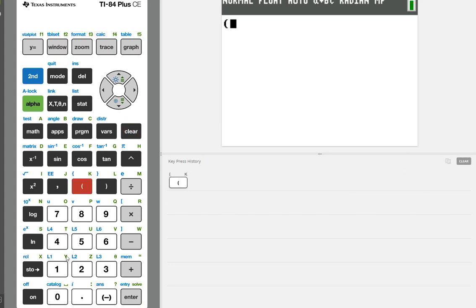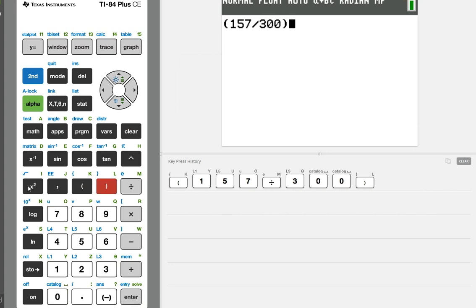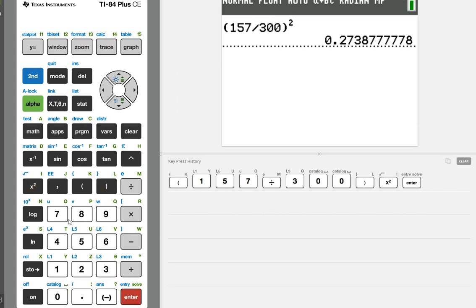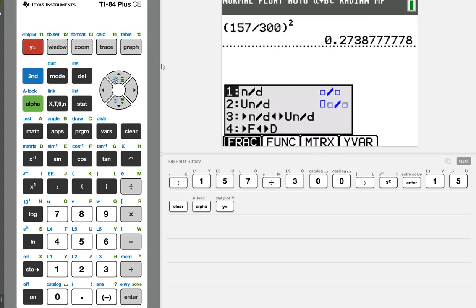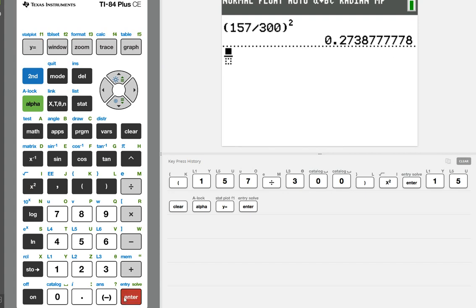So I can do 157 divided by 300 and then square that result. Actually, here's a cool trick for you guys, so you don't have to worry about parentheses so much. If you hit the alpha key, then the y equals key, the first option there lets you do fractions.